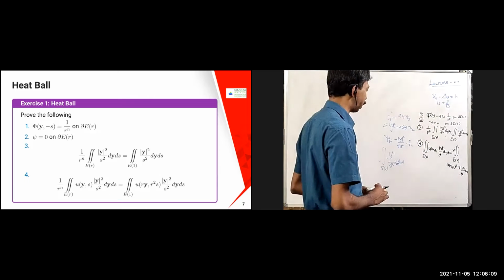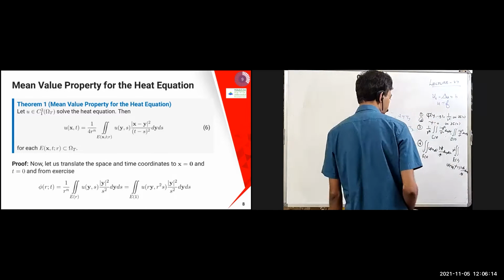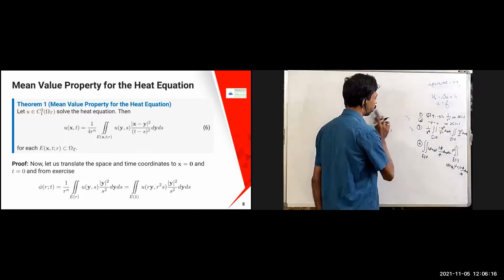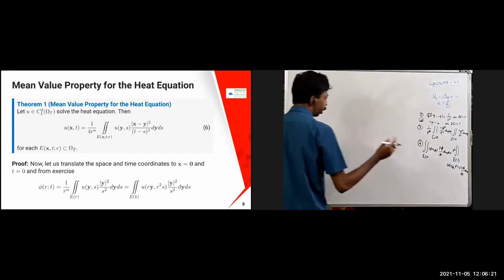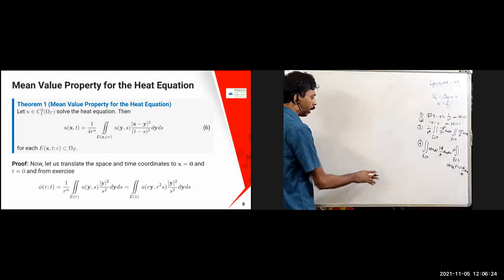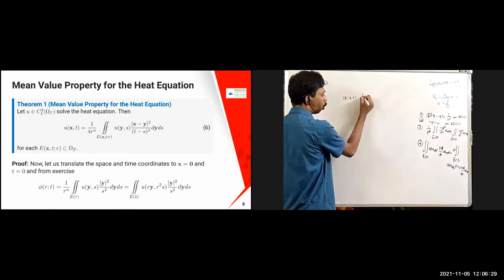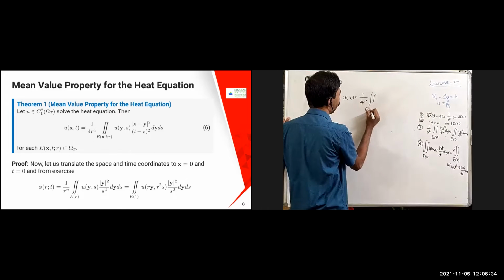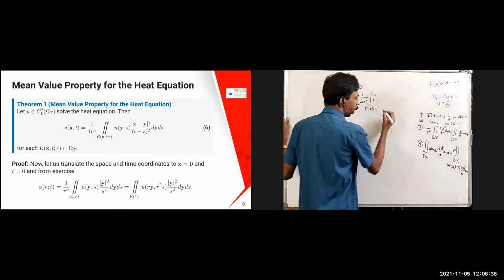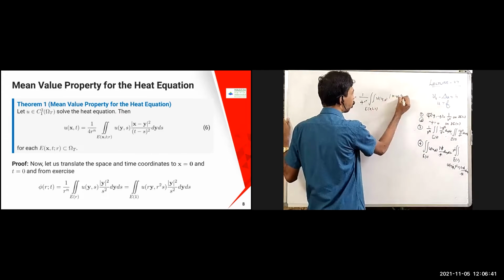These are the four properties we got. These four properties we are going to use to prove this mean value property. Part of the things we have done, I'll just go through that once again. What we got to prove is that if u belongs to C1 square of omega t, and solves the heat equation, then u of x comma t is equal to 1 by 4 r power n double integral over E of x comma t comma r of u of y comma s into mod x minus y whole square divided by t minus s whole square dy ds.